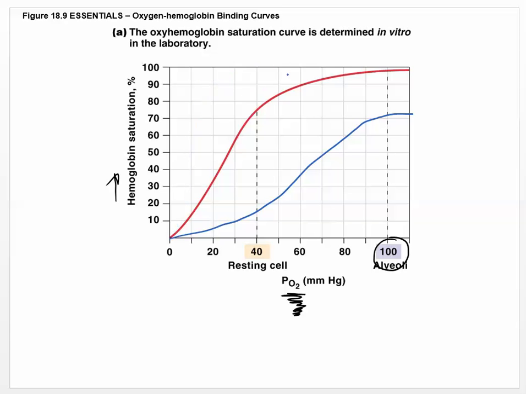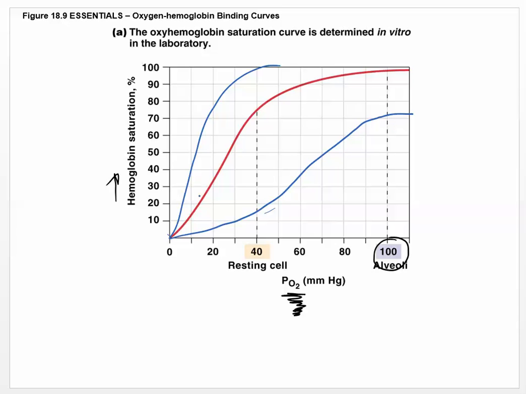Let's think about this for a minute, because if your hemoglobin can become that saturated that quickly, how well do you think it's going to let go of that oxygen? I'm pretty sure that if it's just a little bit of oxygen and the hemoglobin's like, no, that's my oxygen, it's not going to let go of it very well. In this case, down here, if it doesn't have much interest in oxygen, sure, it'll let go of it fairly quickly, but it's also not going to carry it.